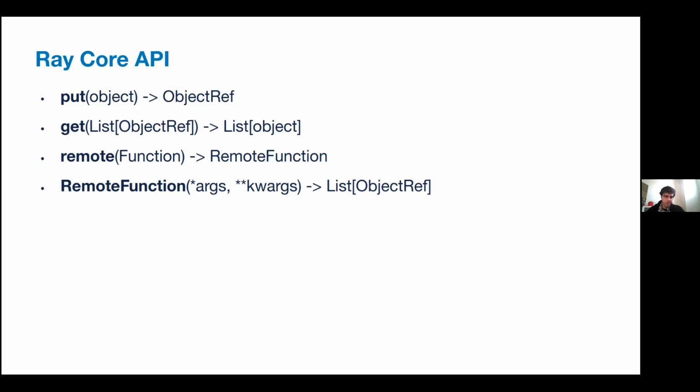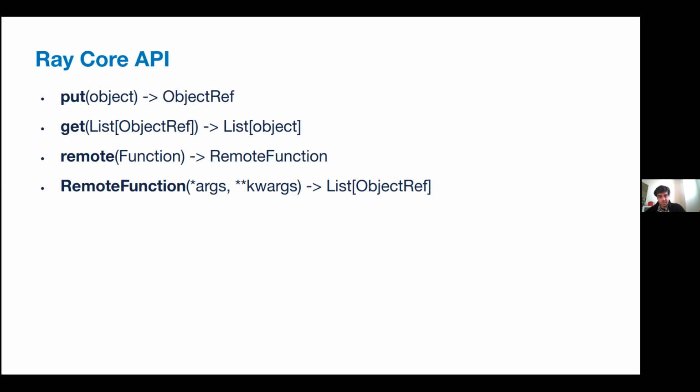So put is an asynchronous operation, and the object reference is essentially a future. The get operation will block the driver process until the object reference that's being requested has been either computed or actually put into a store or transmitted over the network to wherever that get call is being invoked. And it will return a list of objects to which those object references point.